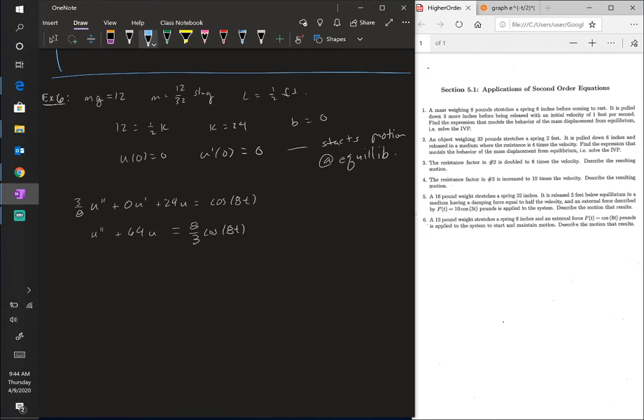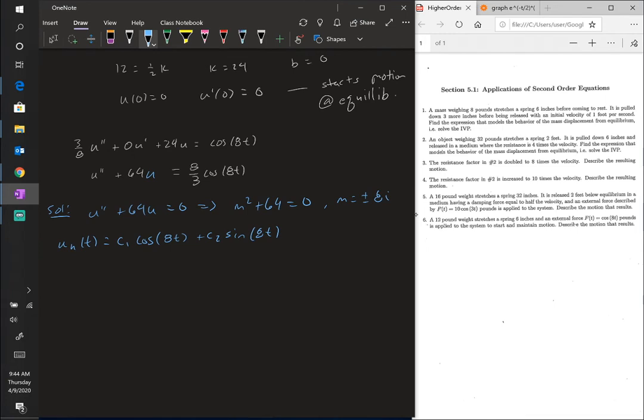And we'll solve the homogeneous equation U double prime plus 64 U equals 0, which tells me m squared plus 64 equals 0. So m equals plus or minus 8i. So UH of t is C1 cosine 8t plus C2 sine 8t.